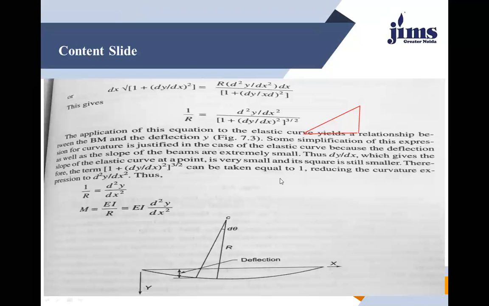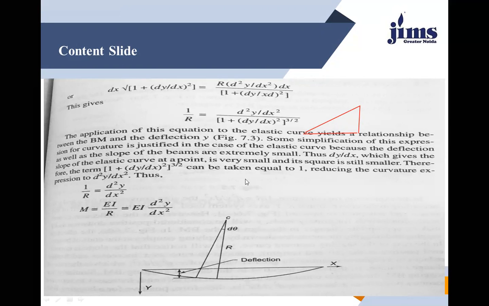Putting this value of d alpha in ds equals r d alpha and taking dx common, we get 1 by r is equal to d square y over dx square over 1 plus dy by dx whole square to the power 3 by 2. Since dy by dx is a small quantity, we can neglect its square here. So 1 by r is equal to d square y over dx square.